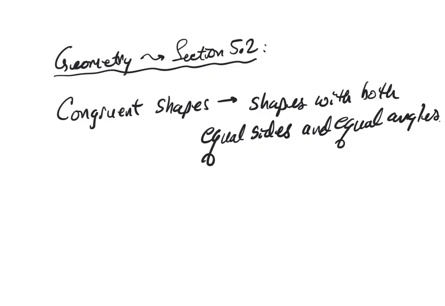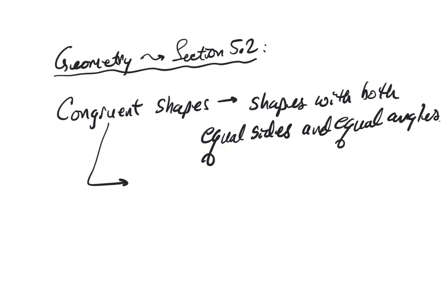Shapes with both equal sides and equal angles. A little bit of an adjustment from some of the similar shapes that we talked about back in chapter 4. Here we're talking about congruent shapes, so we're going to have triangles and quadrilaterals and pentagons and so on. But now they're not going to be similar to each other, they'll be congruent to each other.